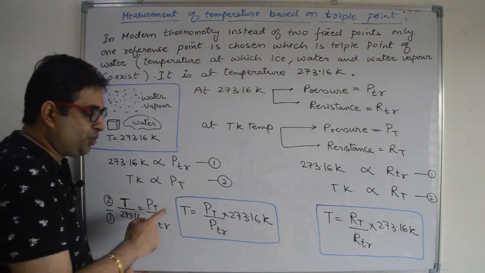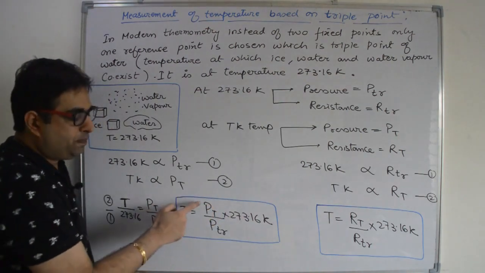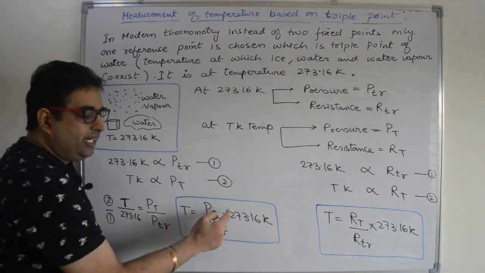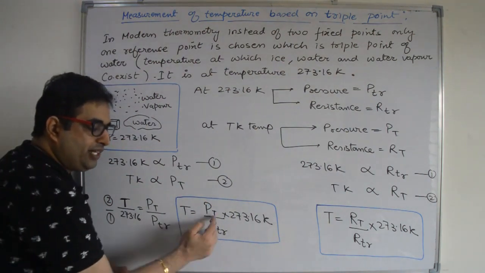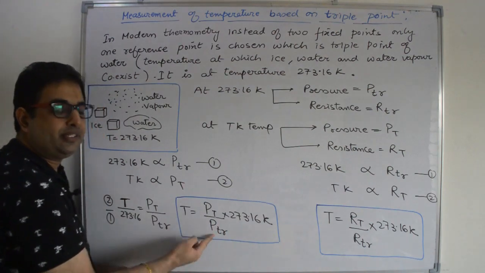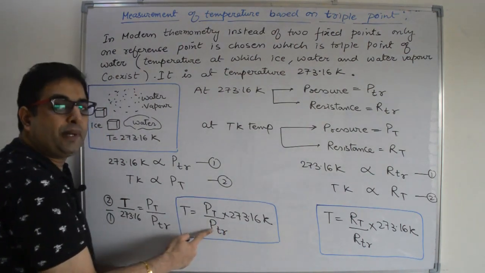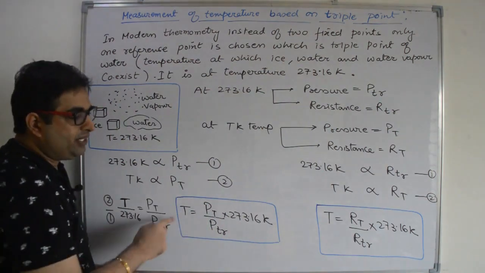So from this you can calculate the value of temperature in Kelvin, that is PT divided by PTR into 273.16. You can see we are taking triple point pressure as reference point. It is coming in denominator, right?